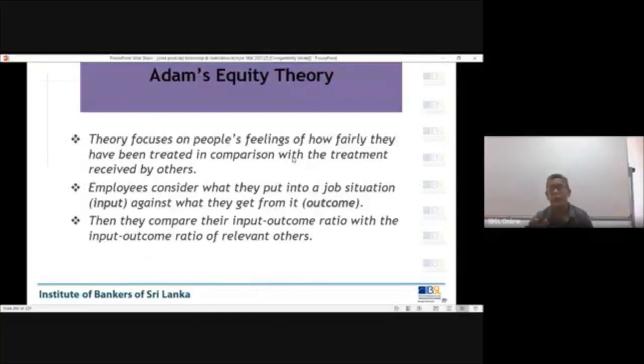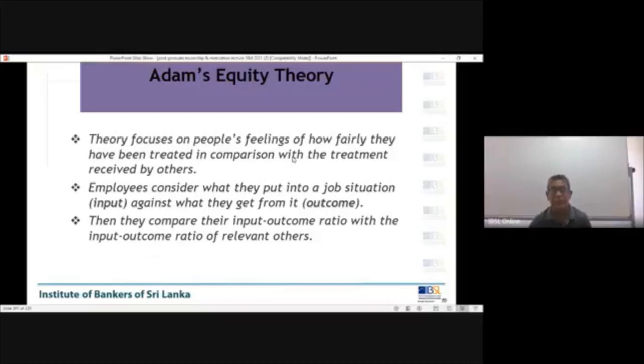Now you need to compare these two: two banking assistants working in the same branch. You put in more effort, and you get the same salary. The next guy in the same position does not put in much effort, but he gets the same salary.